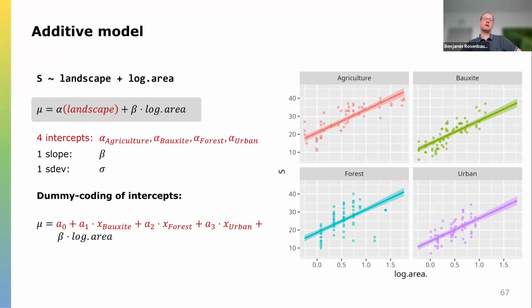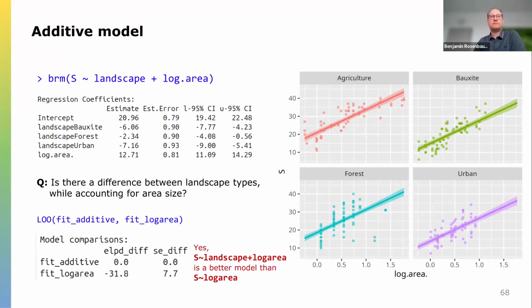So in this additive model, now only the intercept is changing and the slope is identical. Again, this is dummy coded for the intercepts here, and the output of your model will be dummy coded. So the slope, that's actually the meaningful parameter output.